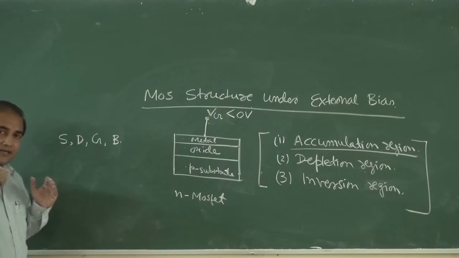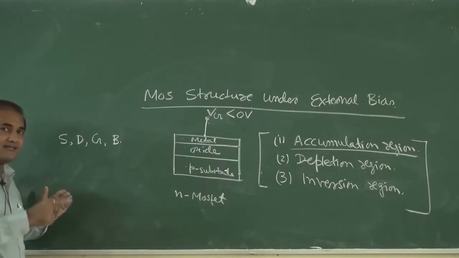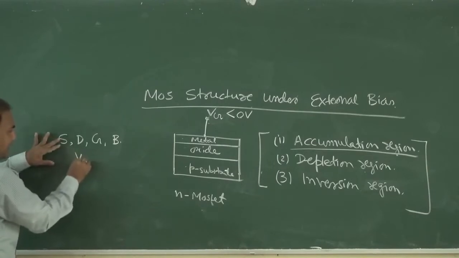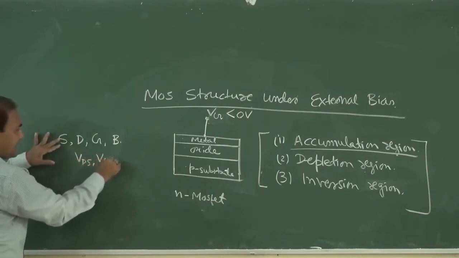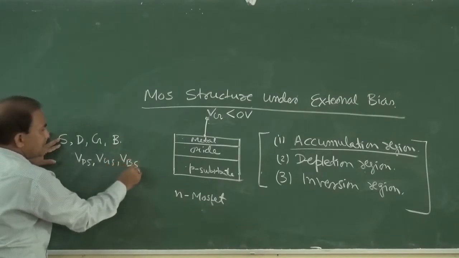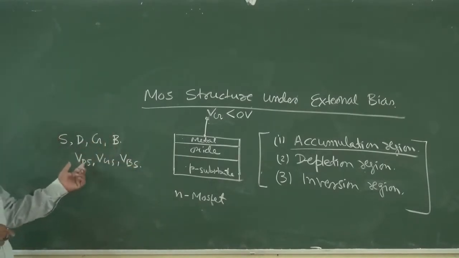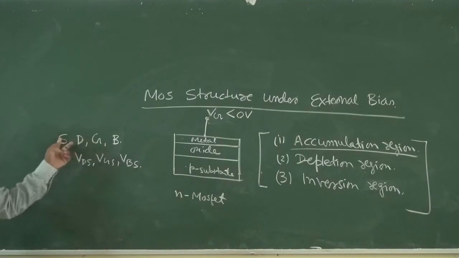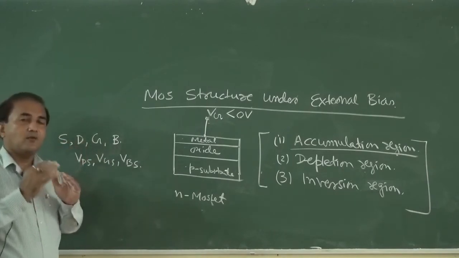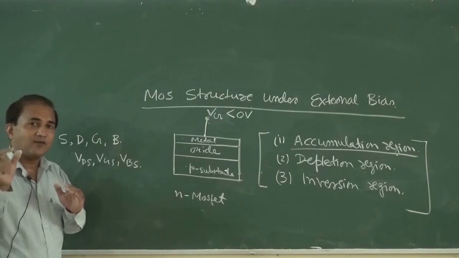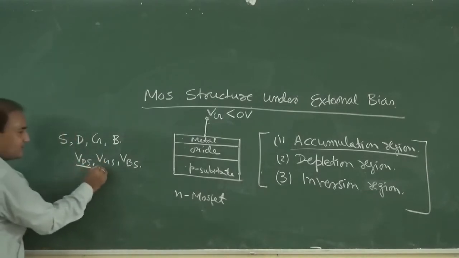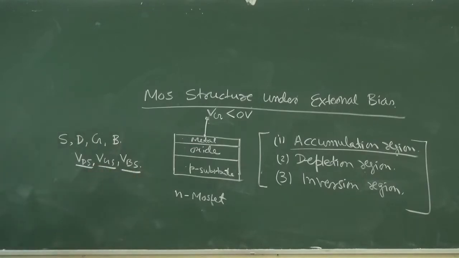All the terminal voltages are measured with respect to the source terminal. So it is VDS, VGS and VBS: drain to source voltage, gate to source voltage, body to source voltage. In case of MOSFET, we are always measuring the terminal voltage with respect to the source voltage.